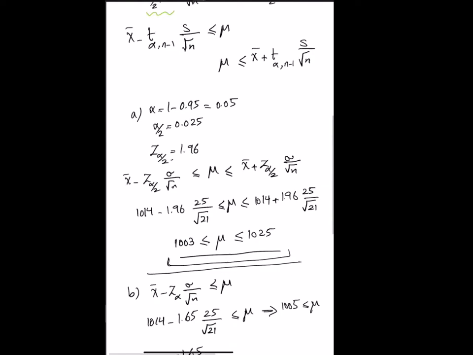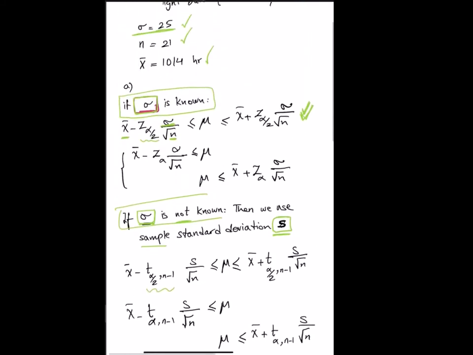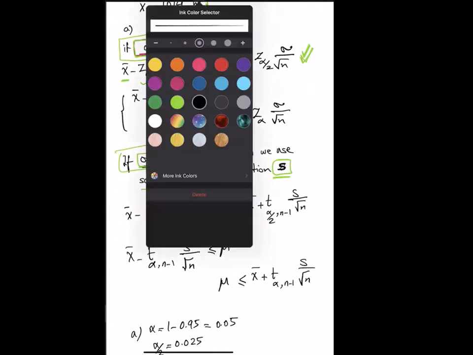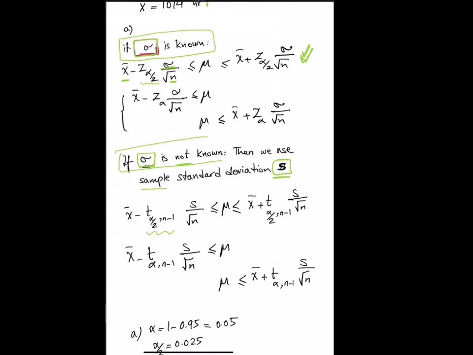So basically for calculating confidence intervals, the only thing that you guys need first, make sure you will have a cheat sheet for the exam, right? Make sure to write down the correct formula for confidence interval. So the formula is going to be one of this group or one of this group. Make sure to read the problem and understand if the standard deviation of the population, sigma, is given to you or not.